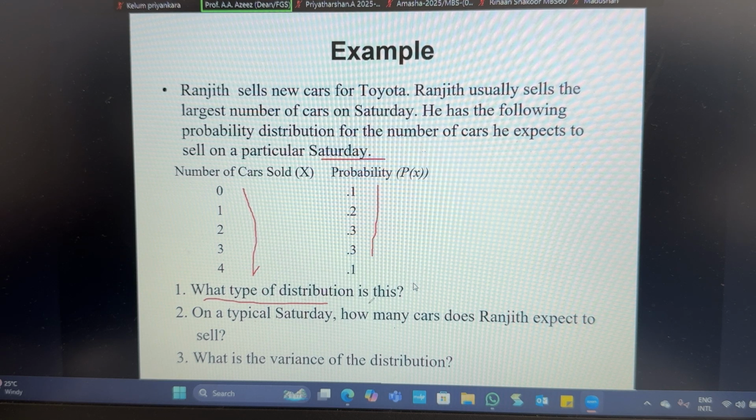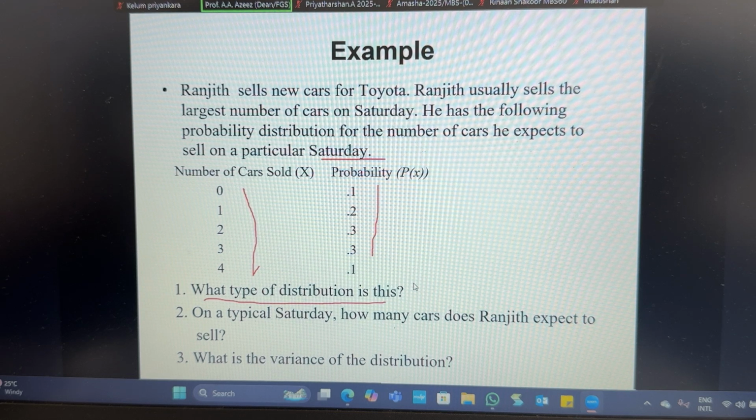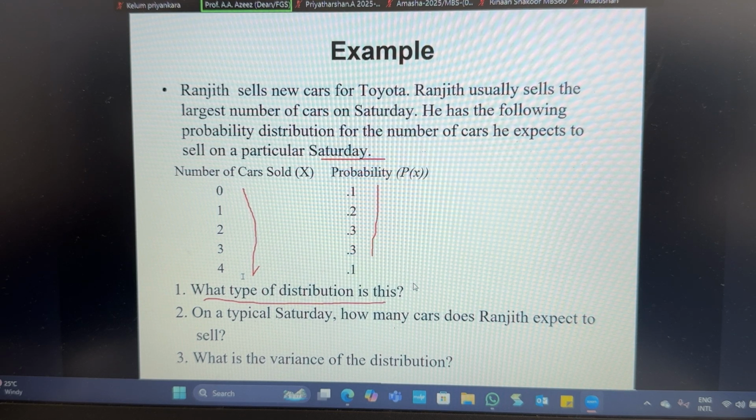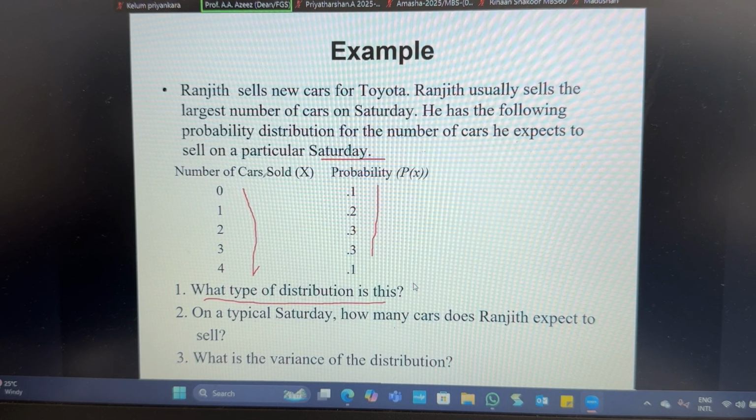What type of distribution is this? Now you can say this is a discrete probability distribution. Why is it a discrete probability distribution? Because it takes only 0, 1, 2, 3, 4.